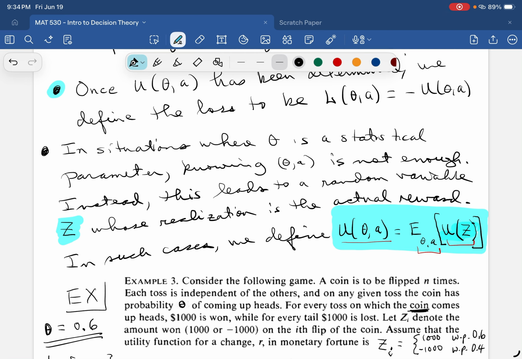And the question is, given this setup, and also knowing what n is, do we play the game or not? Would it be beneficial to play the game in terms of utility?